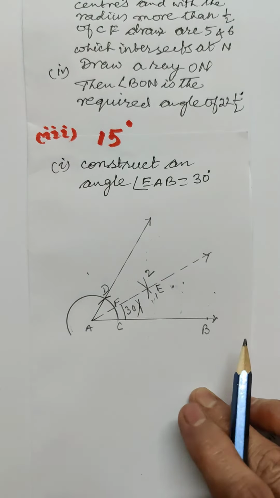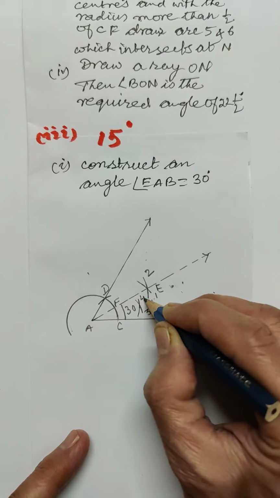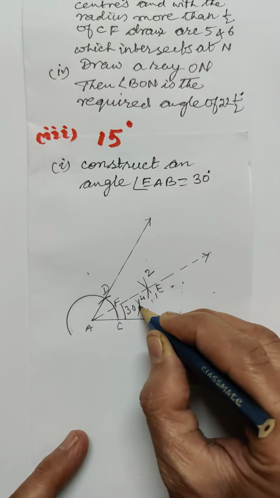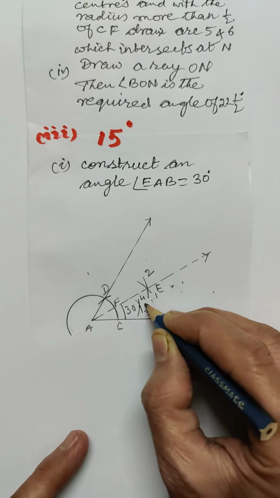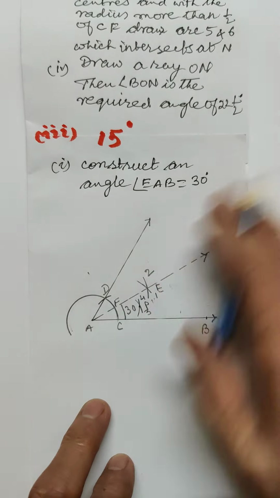These two arcs are 3 and 4, which are intersecting at point P. Now draw a ray passing through P.